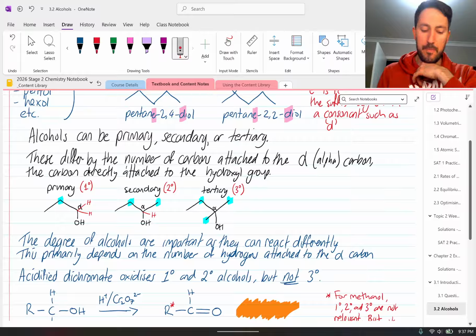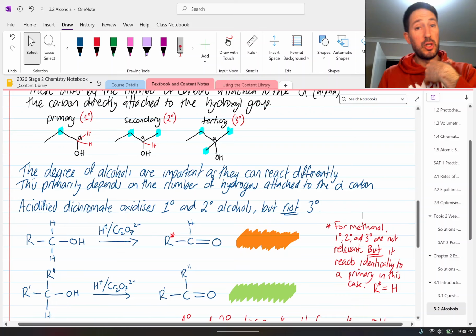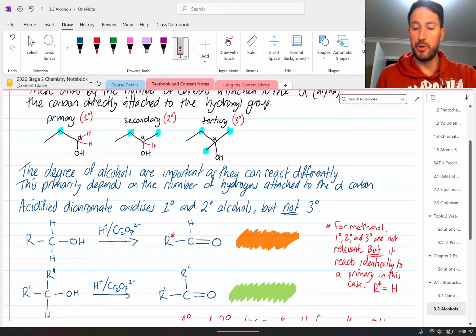Now, as I mentioned a moment ago, the degree of those alcohols is important based on the reactions that they do. And the reason why it matters is actually because of those hydrogens that are either there or not there, depending on whether we're looking at the primary, secondary, or tertiary.